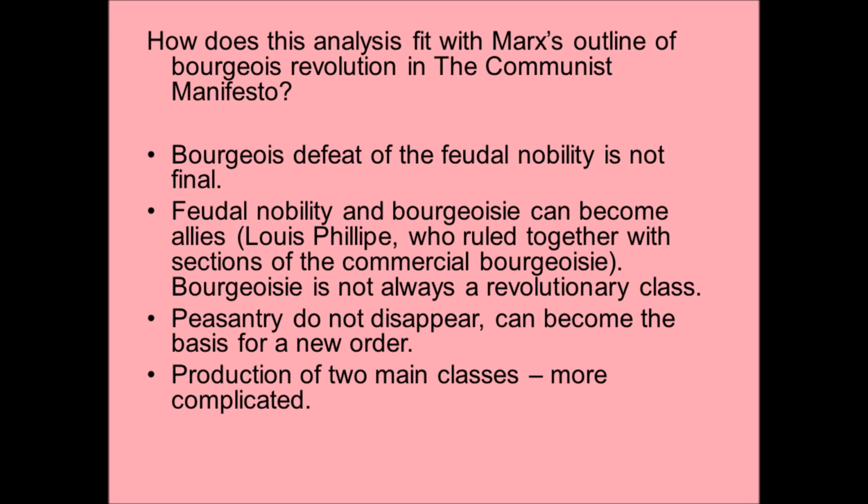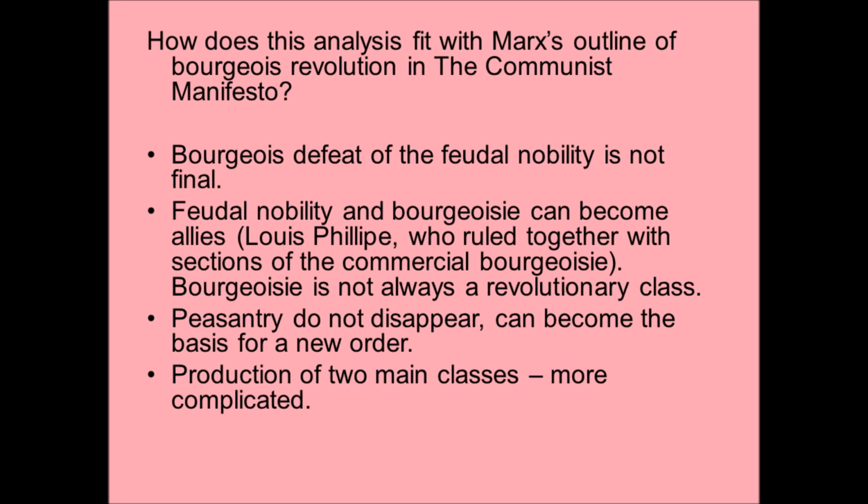Secondly, Marx shows how the feudal nobility and the bourgeoisie can actually become allies. So Louis Philippe, who ruled together with sections of the commercial bourgeoisie, is an example of this kind of alliance. Therefore, the bourgeoisie is not always a revolutionary class in the way that Marx portrayed them in the Communist Manifesto.